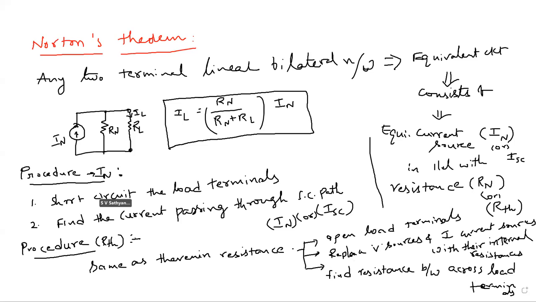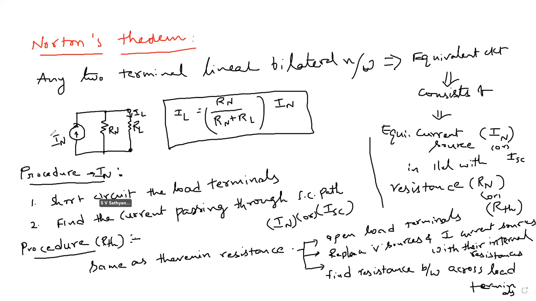Done the procedure. Here the only difference between Thevenin's and Norton's is that there it contains a voltage source in series with a resistance. Here, by source transformation, that voltage source and series resistance will be converted into a current source in parallel with a resistance. Okay.